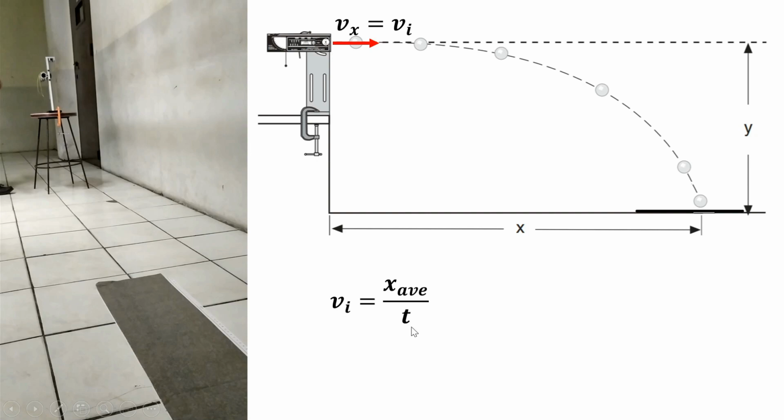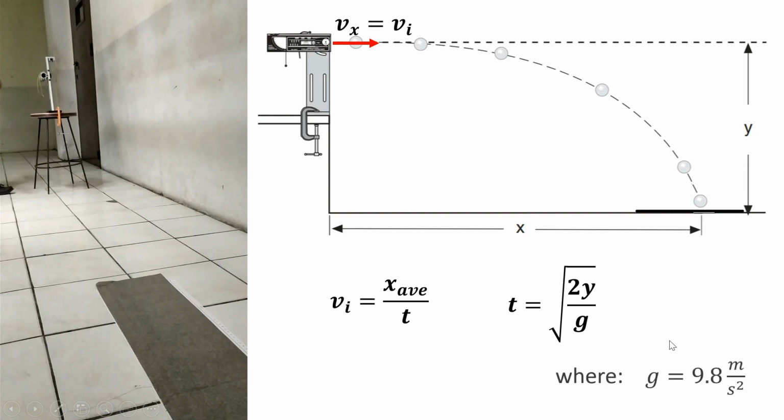And the time here, we will not use a stopwatch or any device to get the time. We will use the height to solve for the time. This can be determined again using the formula for projectile motion, in which if you are going to find the time using the height, time is just equal to the square root of 2y divided by the acceleration due to gravity.